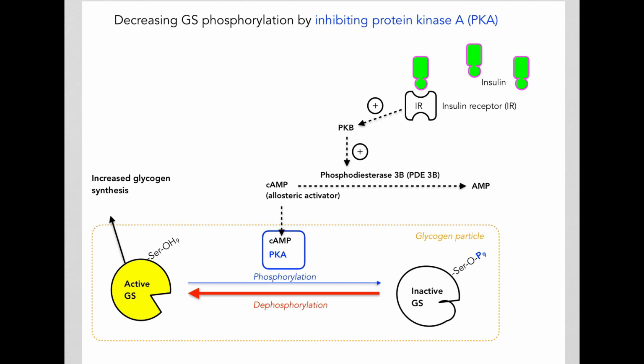When insulin binds the receptor, that will trigger the activation of PKB, and this protein kinase B will basically activate this phosphodiesterase, thereby breaking down cyclic AMP into AMP. So without cyclic AMP, there will not be allosteric activation of PKA, this enzyme will not work, phosphorylation will slow down, and that will lead to an increase in active glycogen synthase, leading to increased glycogen synthesis.